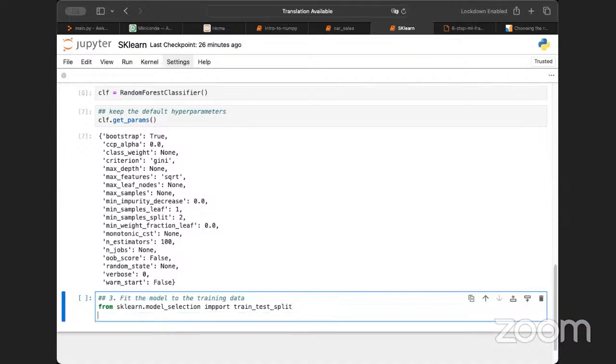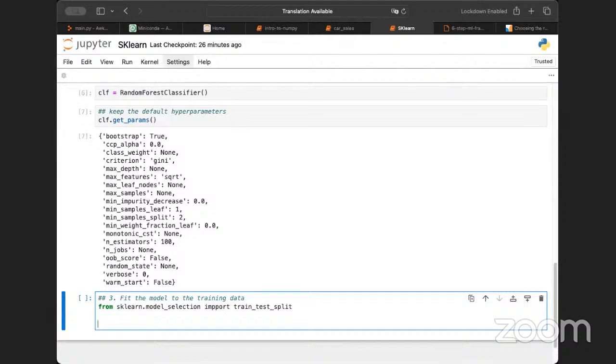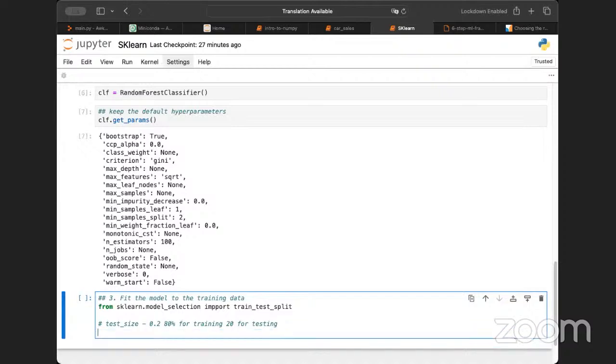And then, if you remember, again the first class, I told you about the splitting of data, where we say 80% of the data is for training and 20% is for testing. So assume test size is 0.2. 80% for training, 20% for testing. This is what we said earlier, right?